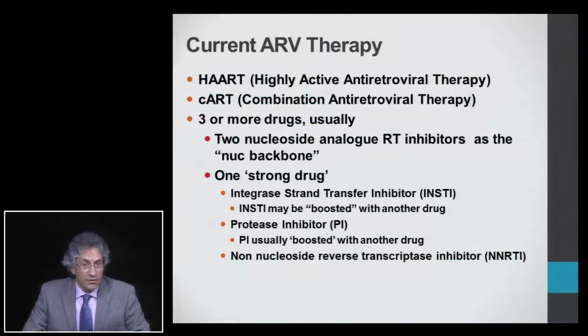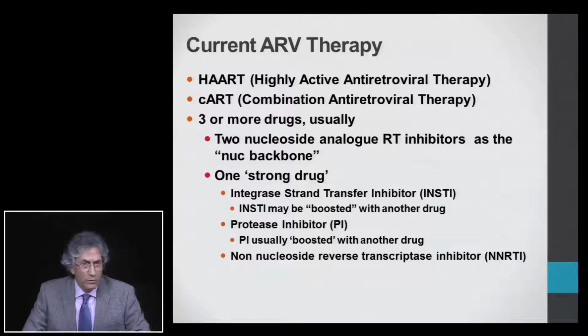So current antiretroviral therapy, sometimes called HAART, or highly active antiretroviral therapy, or cART, combination antiretroviral therapy, involves 3 or more drugs. And these are usually 2 nucleoside analog reverse transcriptase inhibitors, as what is often called a nuke backbone.